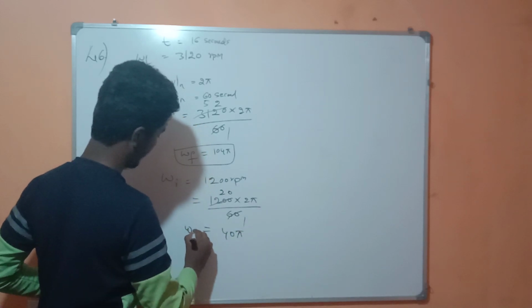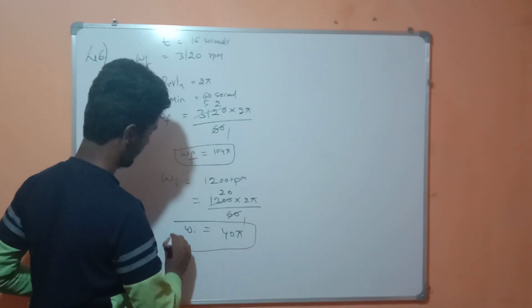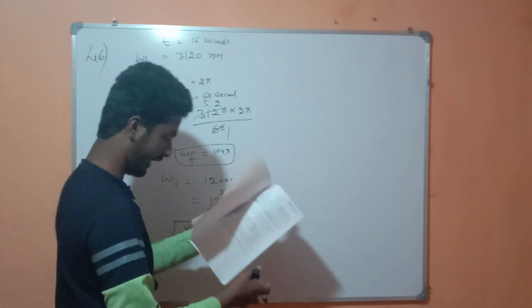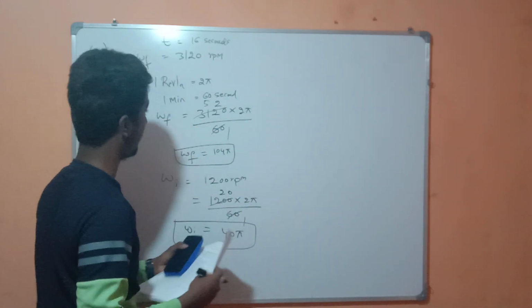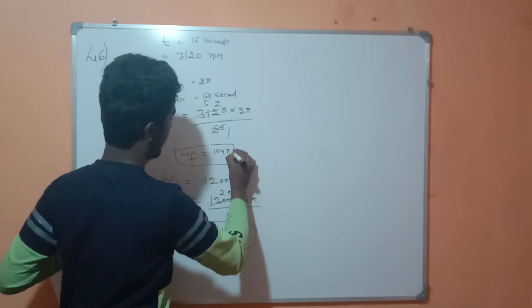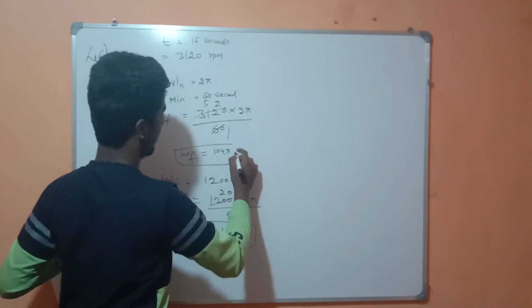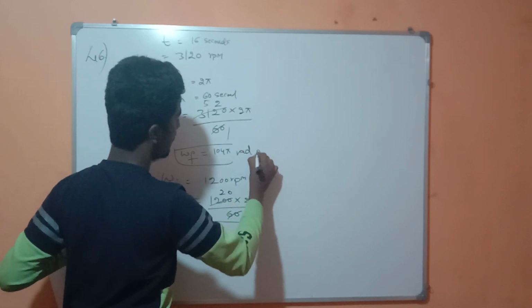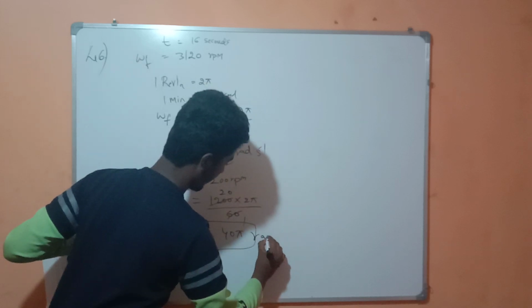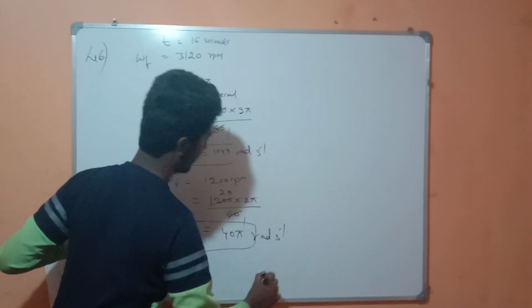It is omega initial. You all keep it in your mind, children. The unit is radian per second.